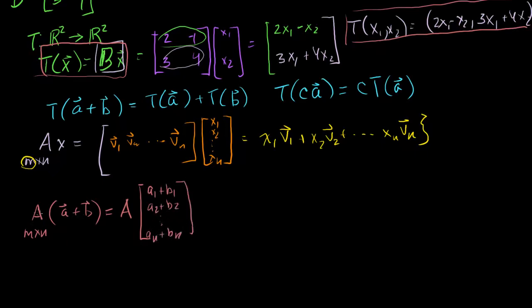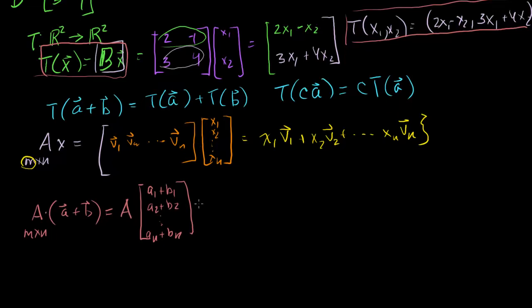This is the same thing as this. I'm not saying A of a plus b, I'm saying A times. Maybe I should put a dot right there. I want to be careful with my notation. This is matrix vector multiplication, not some type of new matrix dot product. But this is the same thing as this multiplication right here.